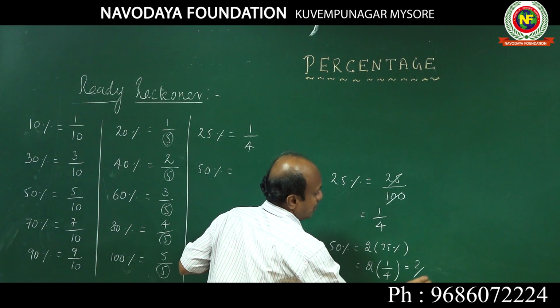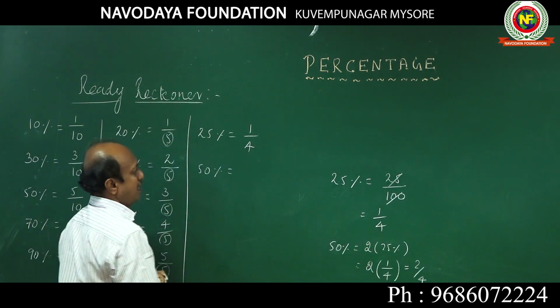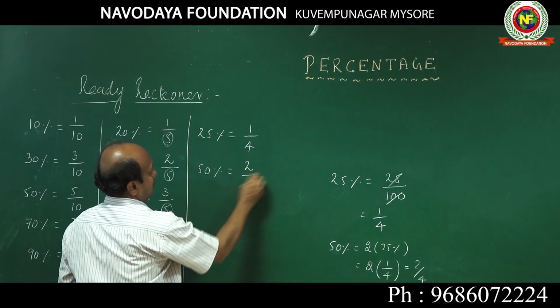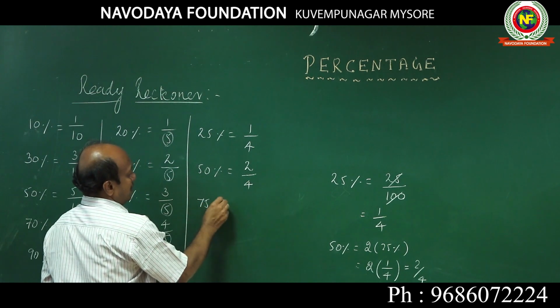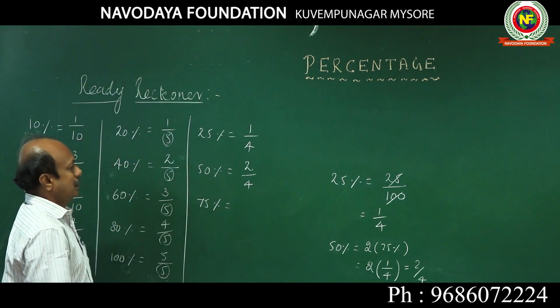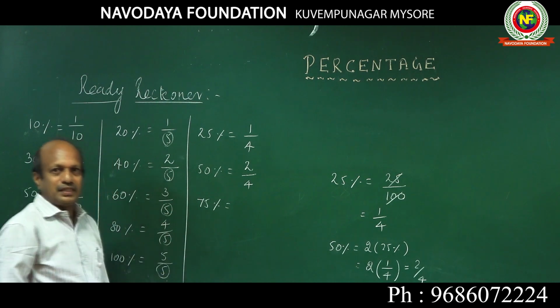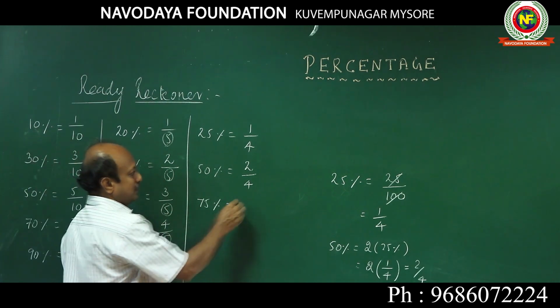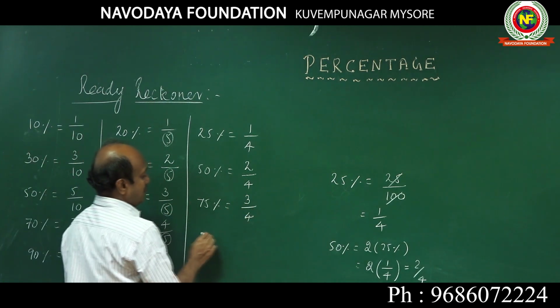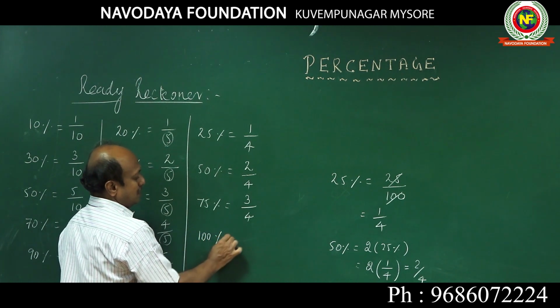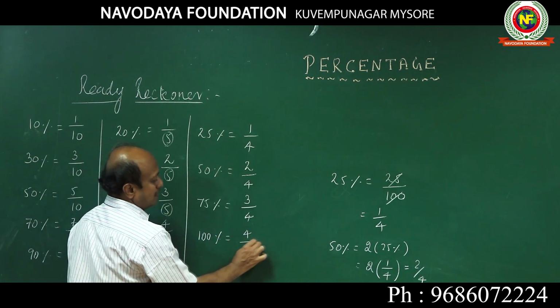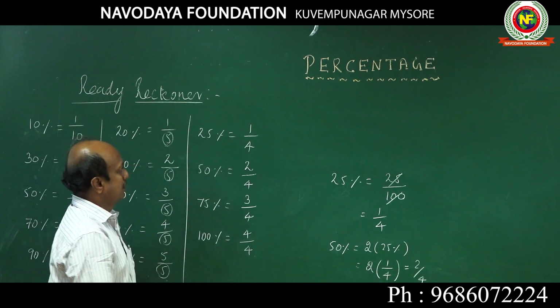You can write as 2 by 4. Of course, it can be simplified as 1 by 2. Similarly, 75 percentage is nothing but 3 times of 25 percentage. Therefore, 75 percentage is equal to 3 by 4. And the last one, 100 percentage is nothing but 4 by 4.